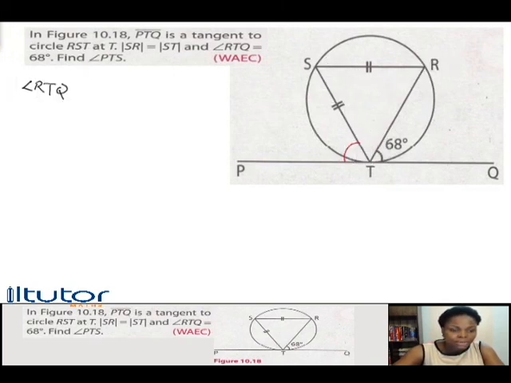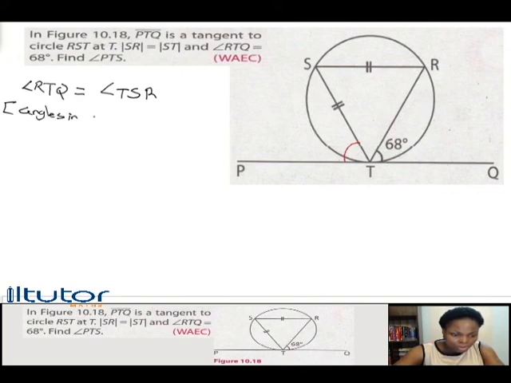So you have that TSR is equal to angle RTQ. Angle RTQ is equal to angle TSR. The reason is what I just stated, so let's write it: angles in alternate segments. This is in relation to a tangent, a chord, and a circle.